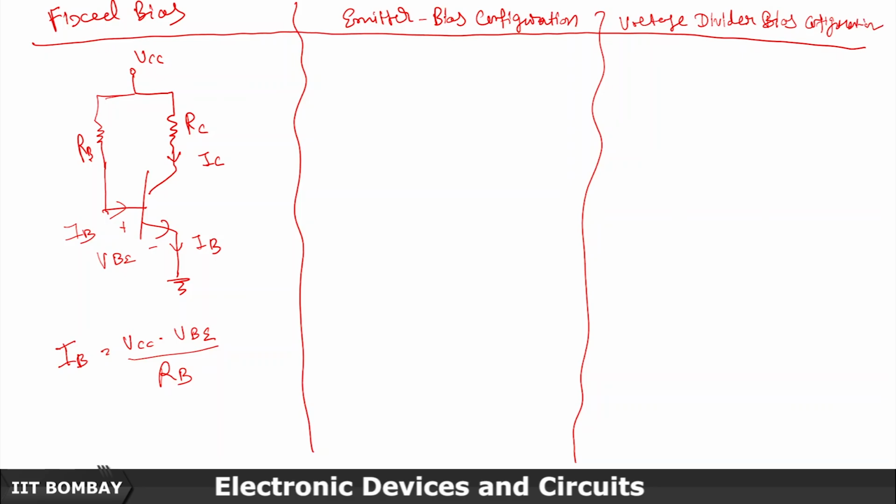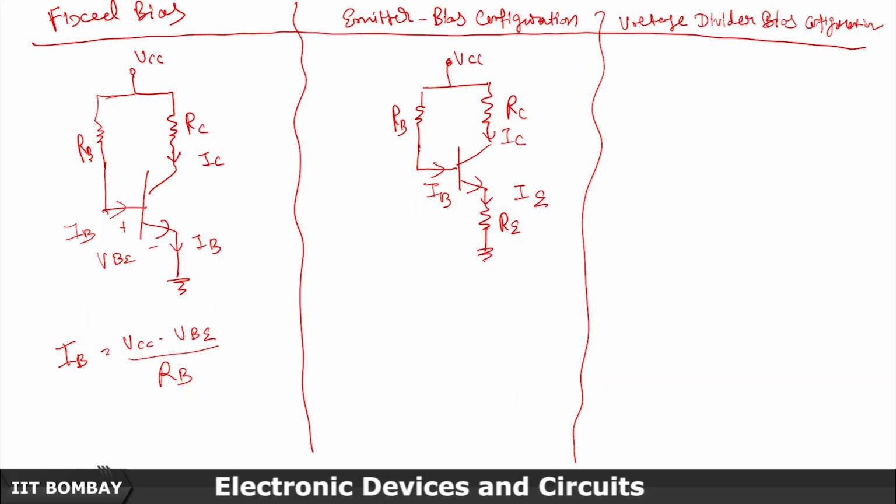So in emitter bias configuration, we have this VCC, RB, this additional resistance basically. So this is IC, this is IB, this is IE.